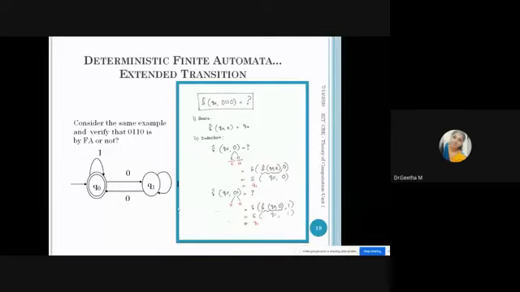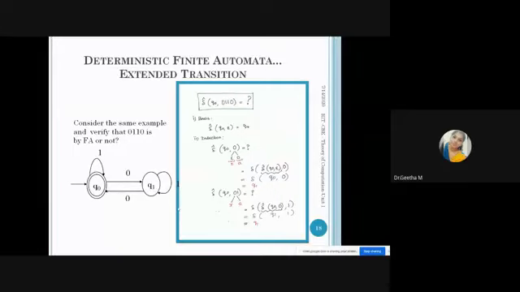Mathematically, it is δ cap of Q naught comma 0, 1, 1, 0, since it starts at Q naught. Actually, we should have the answer again as Q naught. See the steps of how you get the output Q naught. What is the first formula we want to apply?